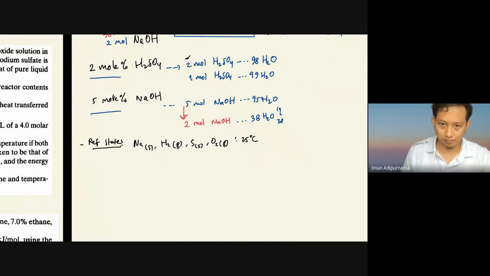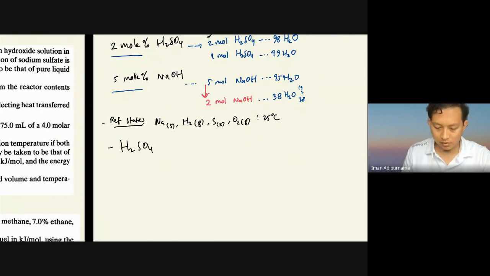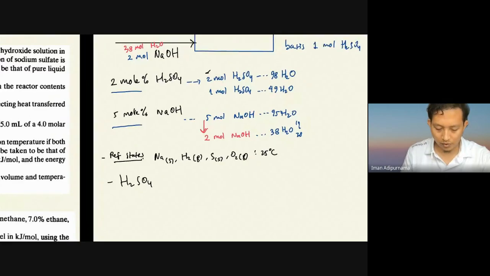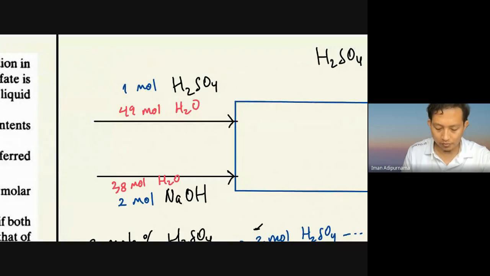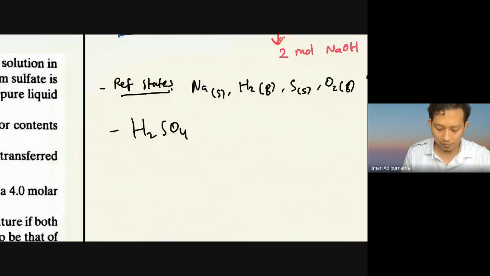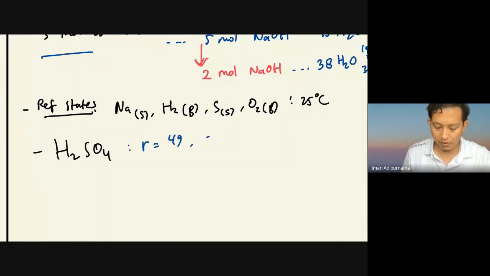Now first, look at the acid. If you look at the ratio, water to acid is 49, right? So the R is 49 divided by 1, let me just write 49, at 25 degrees Celsius.